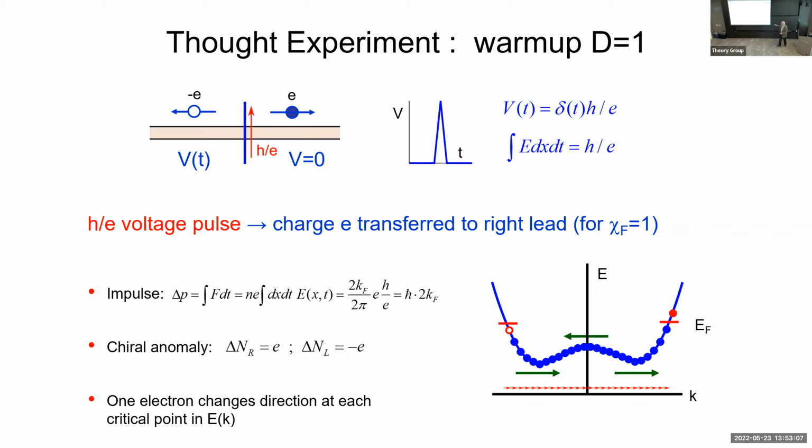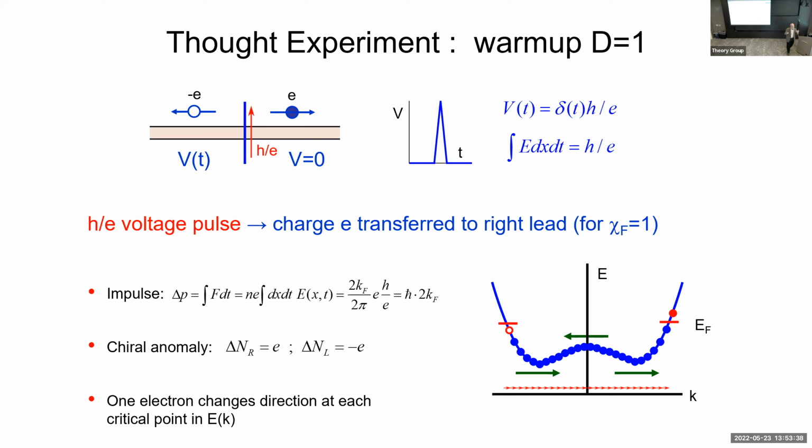And so when you say it like this, this is really reflecting an anomaly, which is the lack of conservation of the charge of these right and left moving electrons. Okay, and so this charge that changes in response to this voltage pulse reflects the chiral anomaly.